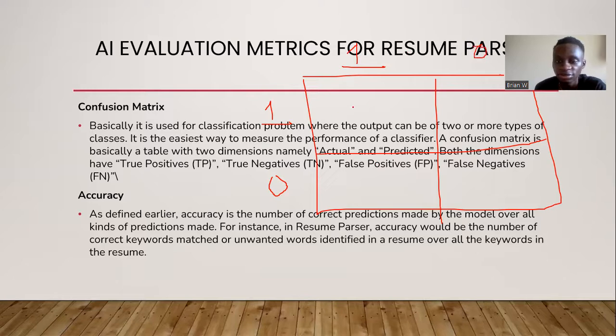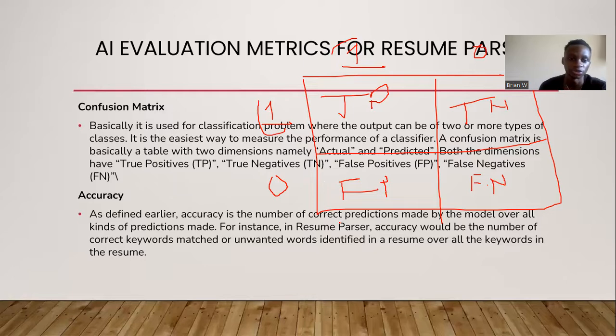So in the first column of the first row, this is true and this is positive. We have true positive. Here this is true, this is negative. We have true negative, and this is false. We have false positive, and also we have false negative. So this is basically the table I'm talking about.